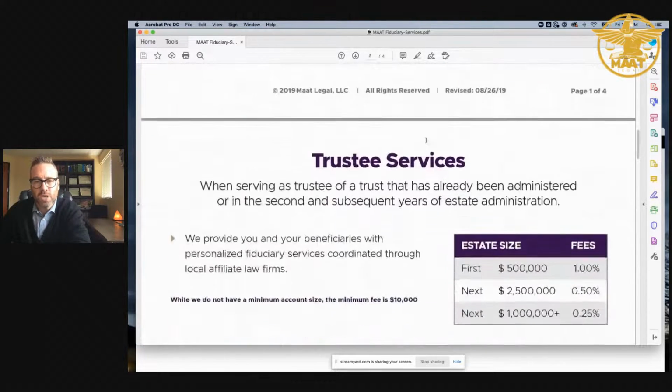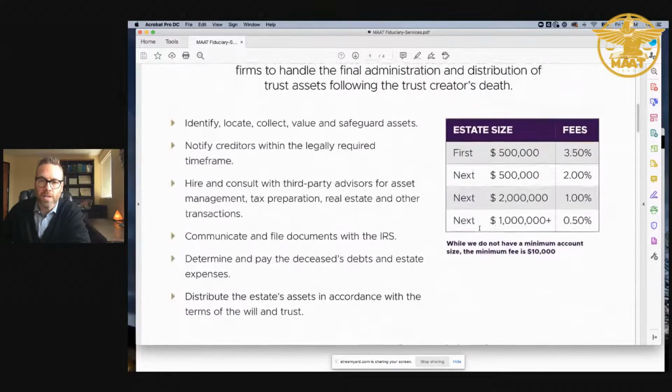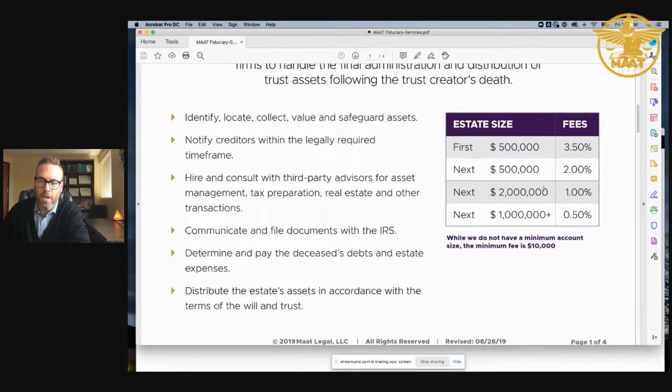And now trustee services. This is when serving as trustee of a trust that has already been administered, or in the second and subsequent years of estate administration. For example, if you name us to serve as a trustee of your trust and you want us to manage it until your children turn 30, and they're age 25 when you pass away, the fee for year one would be this, to set everything up.